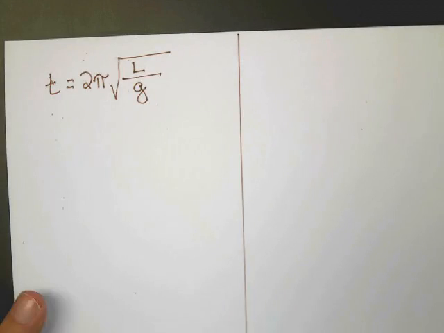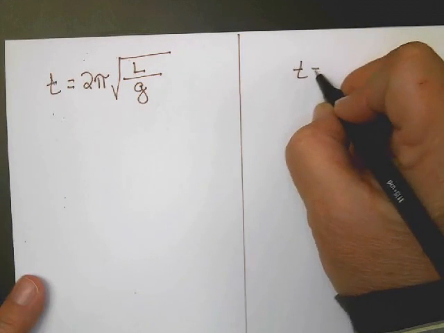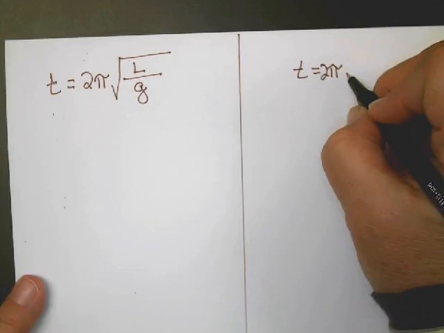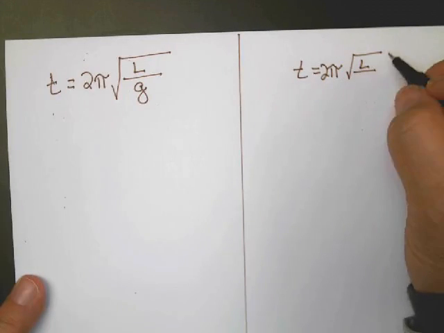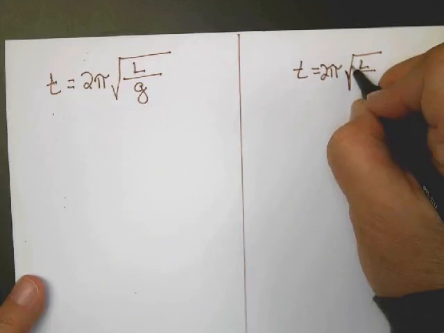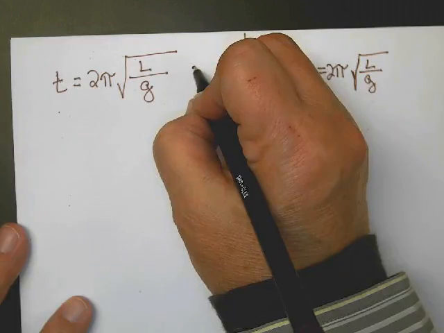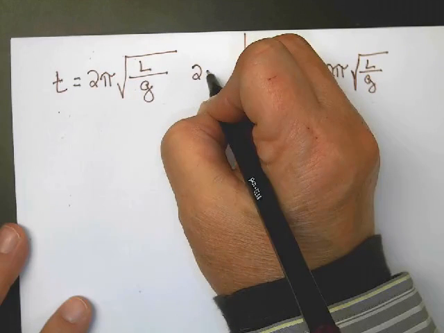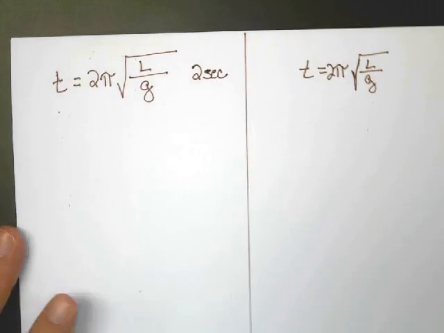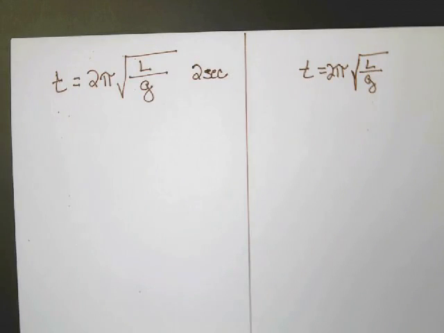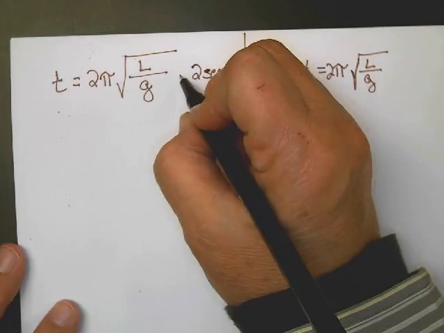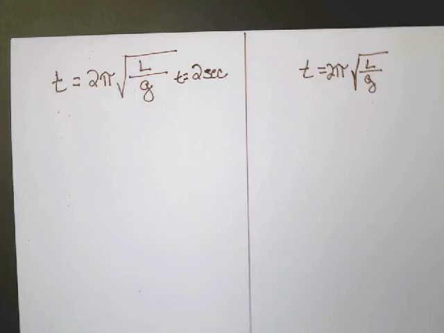I'm going to write that down over here too, because we're going to work them side by side. 2 pi times the square root of the length of the pendulum divided by the gravitational constant. So if I tell you that it takes 2 seconds for my pendulum to swing, I need to know how long my pendulum needs to be.